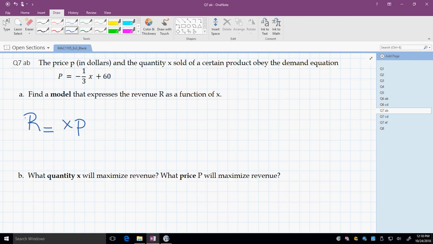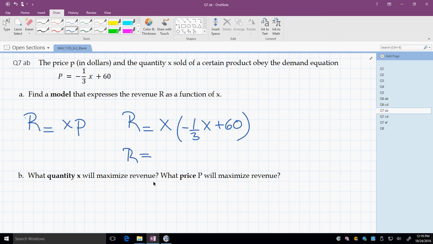We don't have any information about the quantity, but we know the function for price. So we're going to substitute P by the function that was given: negative 1 over 3 x plus 60. Now we're going to solve.